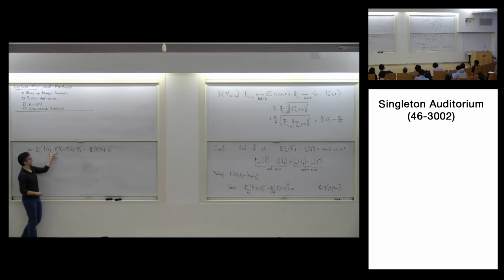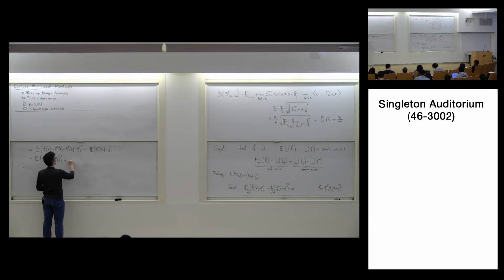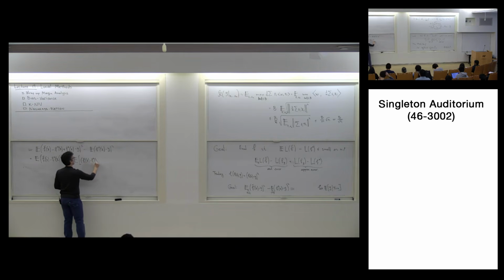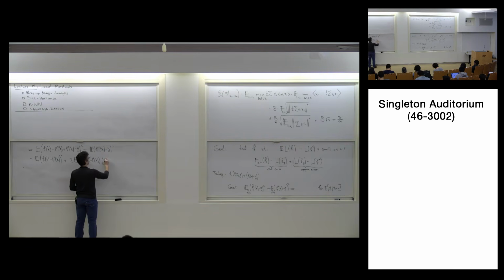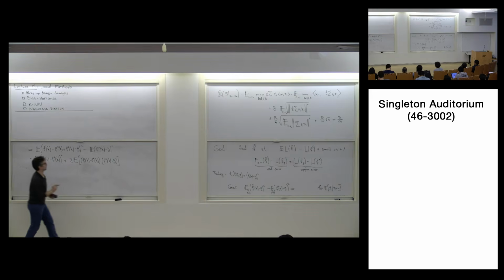So I'm left with a squared, expected f hat of x minus f star of x squared, plus 2 expected f hat of x minus f star of x times f star of x minus y, close the parentheses. Everyone is with me?